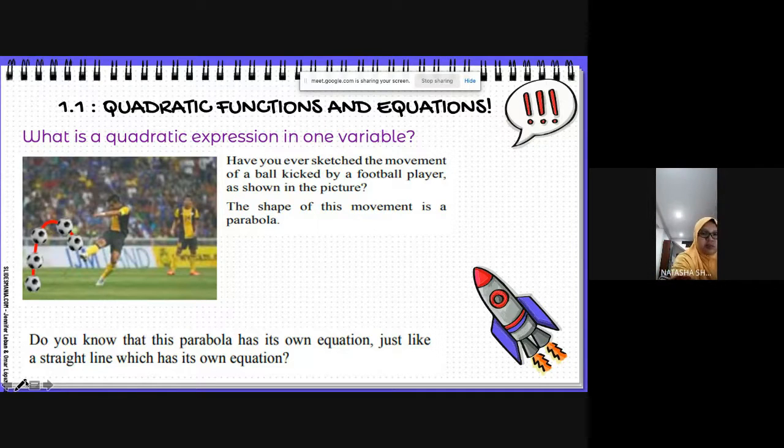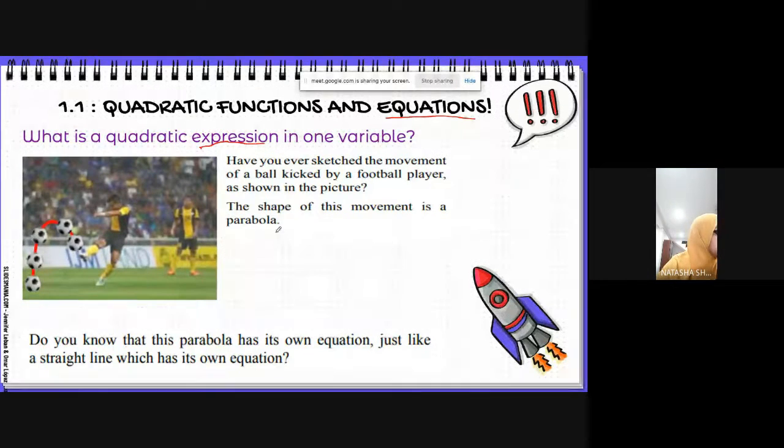Okay, for expression, and equation. Okay, first cikgu nak explain what is the difference between expression and equation. Okay, for expression, let's say for quadratic, okay, before this you have learned the linear.